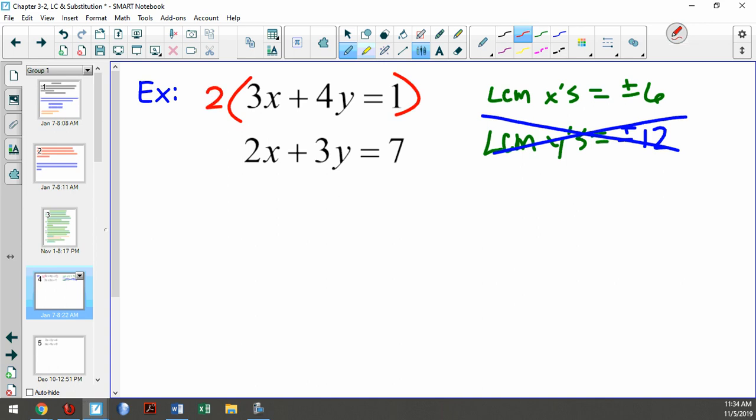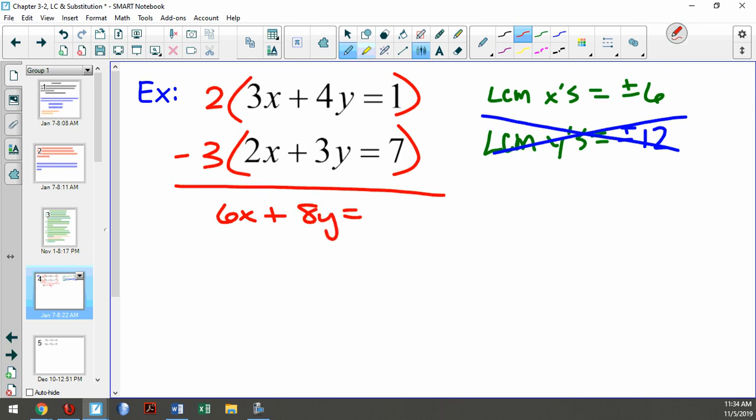So if I'm going to make that a positive 6, I have to make the bottom one a negative 6. So what do I multiply 2x by to obtain a negative 6x? -3. So multiply the top equation by 2. That gives you a 6x plus 8y is equal to the bottom equation.